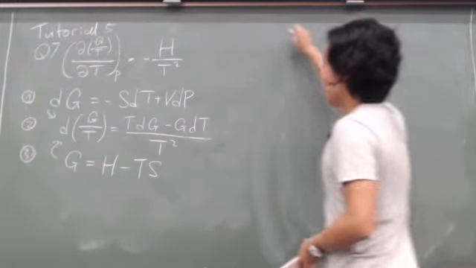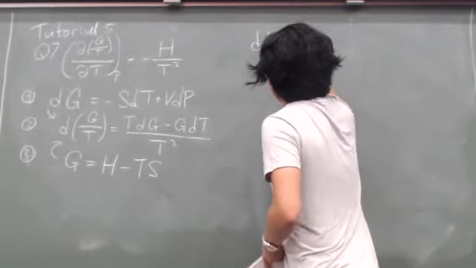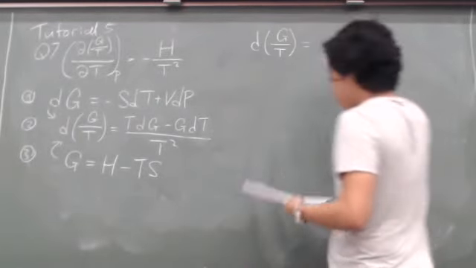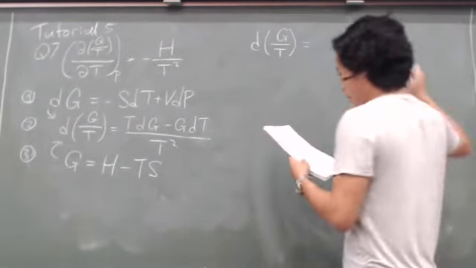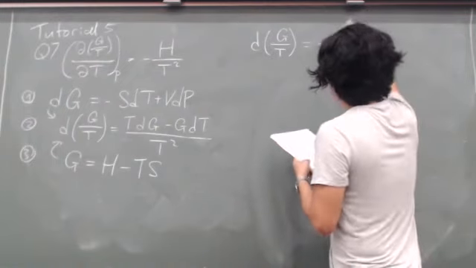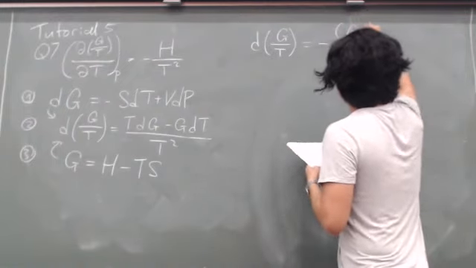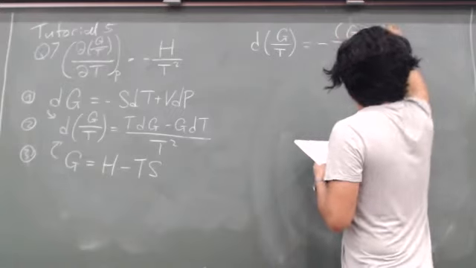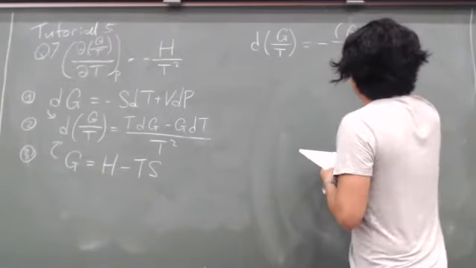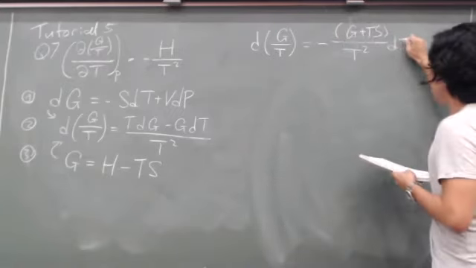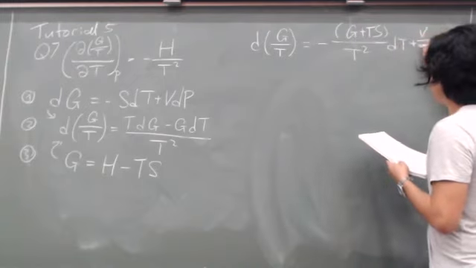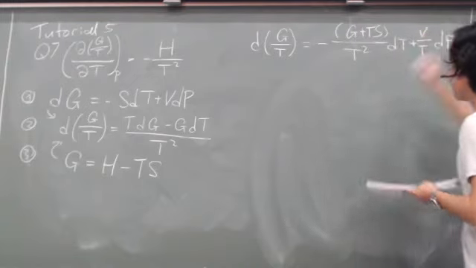Then you get d(G/T) is equal to minus (G plus TS) divided by T squared dT plus V on T dP.